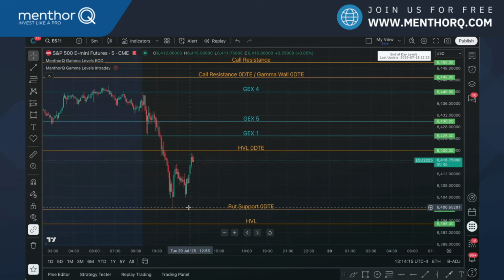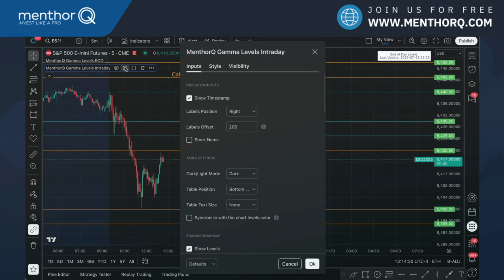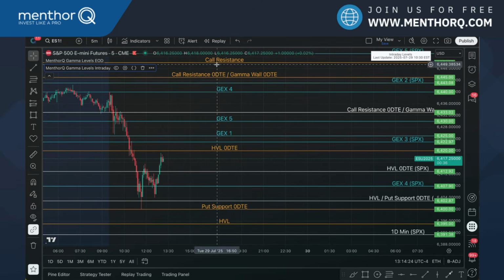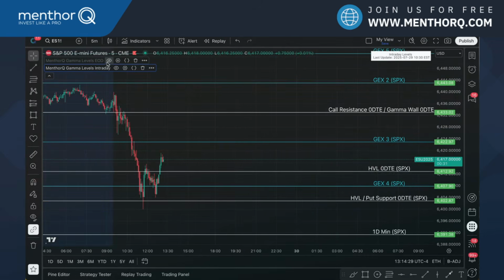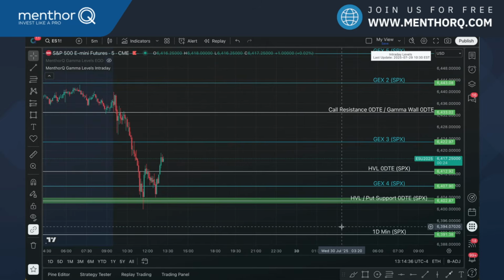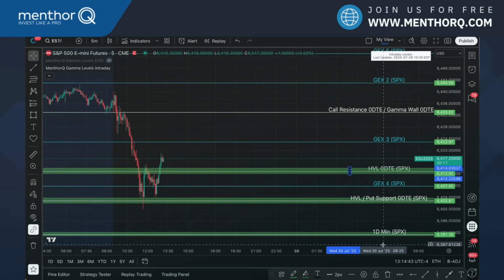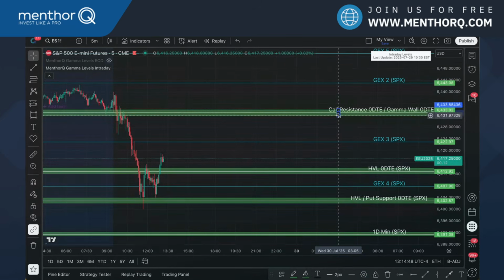So again, this was the futures level, end of day. Now let's go into the intraday and add our SPX level to ES. We know that we have a very important area here, and then, coming from SPX, we know that the core resistance is also very important.